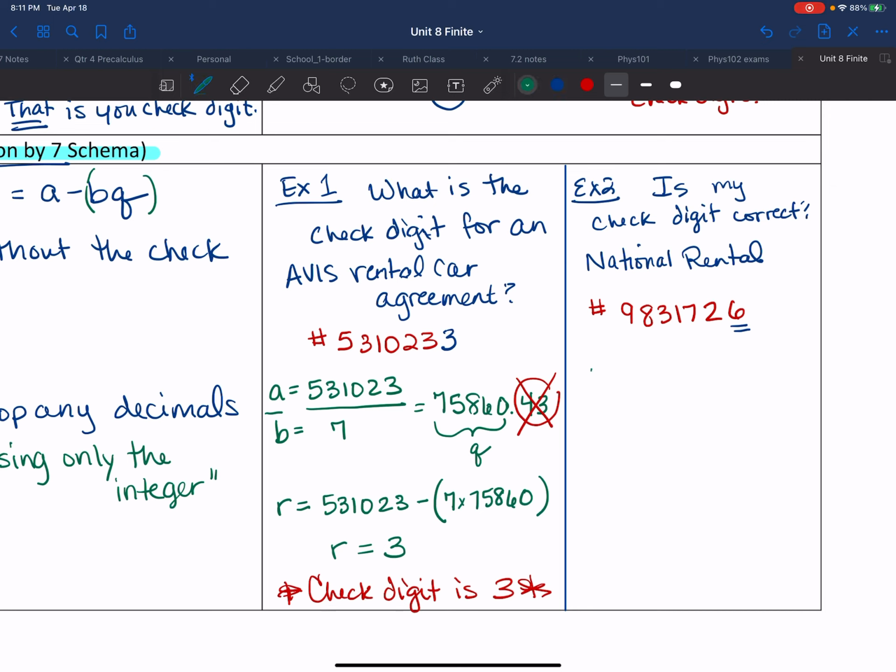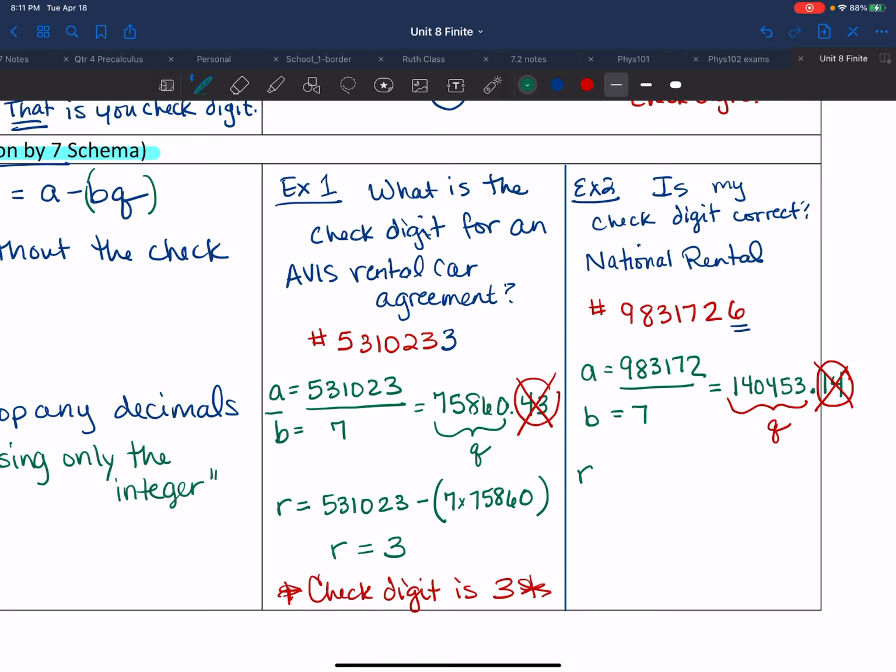So then A is going to equal 983172. B is equal to 7. Divide that, and I get 140453.14. And again, I don't need these decimals because that right here is my Q value.